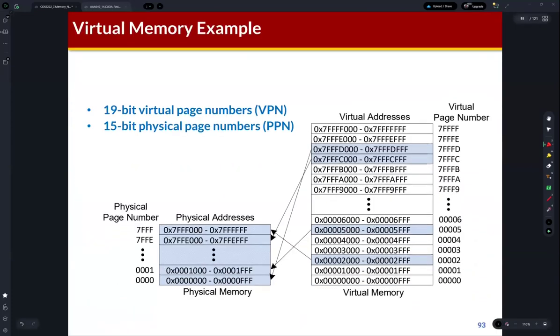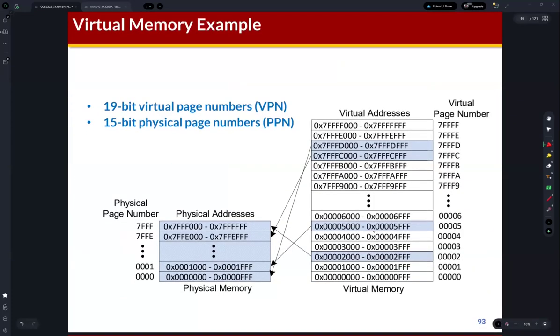Okay, let's see the example. So this is the virtual memory space, and this is the physical memory space.